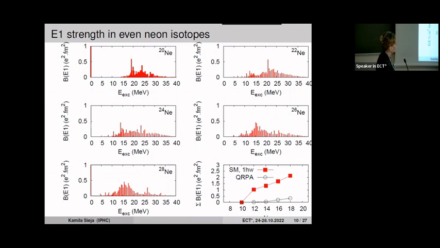And here you can see the comparison of the QRPA calculations I was citing to the summed shell model strength of the 1 h bar omega level. This was a sum done like in the QRPA paper, up to 14 MeV, and you can see that both calculations give the same trend. You have more strength at low energy, though the shell model is giving you much more strength at low energy.